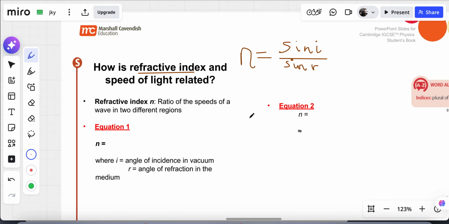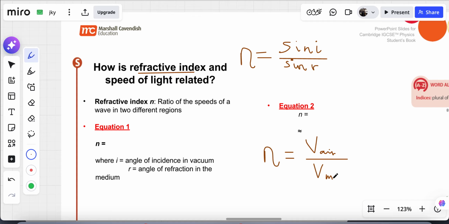Another way of stating it, because they ask how it is related to the speed of light: refractive index is the speed of light in air or vacuum over the speed of light in a medium. Let's use v for speed. The medium could be glass, water, or any other medium.